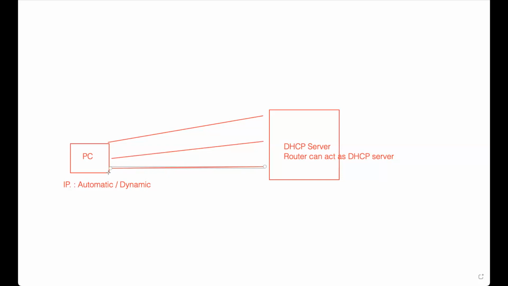So let's say this is the PC. When you turn on your PC, you can set the IP address to automatic or dynamic in your laptop. Many vendors do it automatically so that you don't even notice that you have the setting enabled. So once you turn on the laptop, your laptop will follow a 4-step process. Step 1, step 2, step 3, step 4.